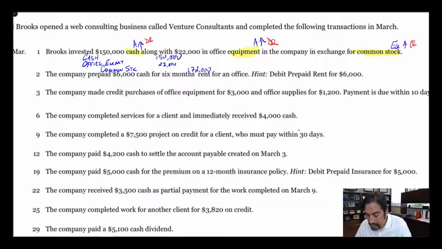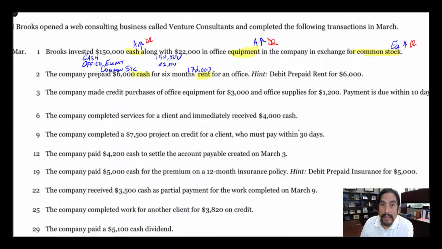Okay, the next one. The company prepaid $6,000 cash for 6 months rent for an office. So we're looking for our two accounts, cash and rent. So this one is a little different. Because we prepaid this expense, we're not recording it as an expense.